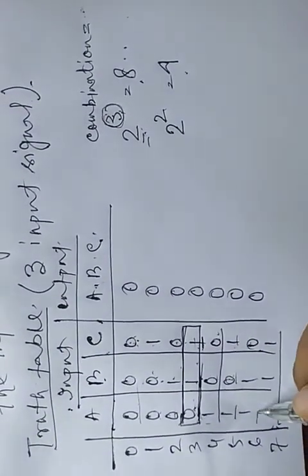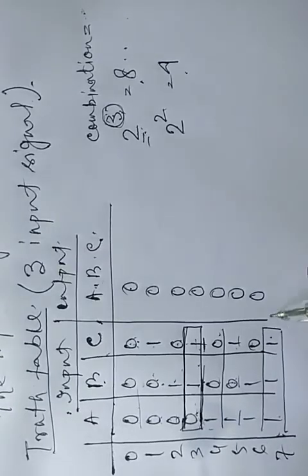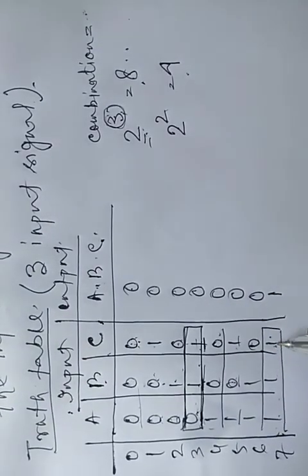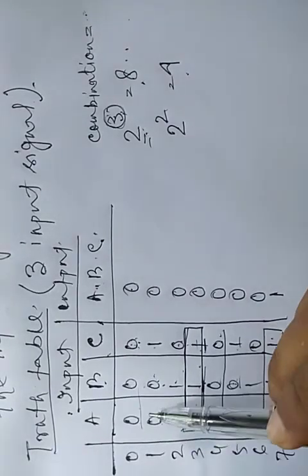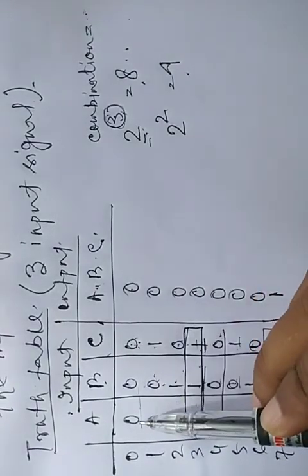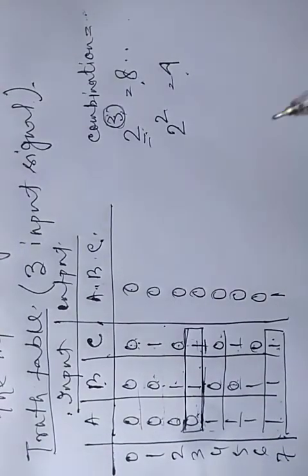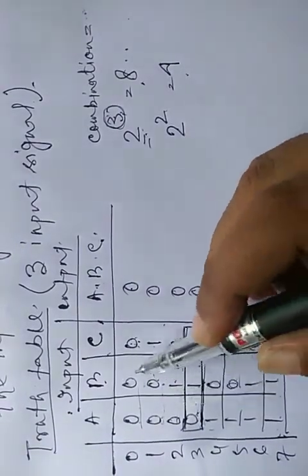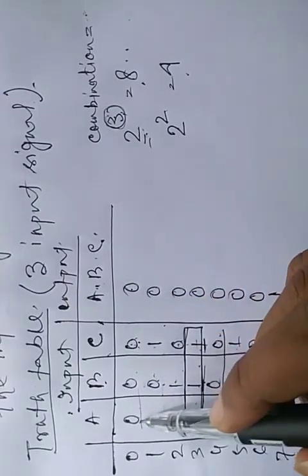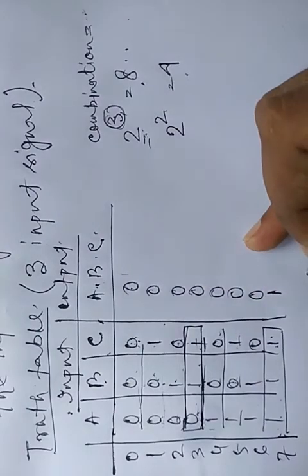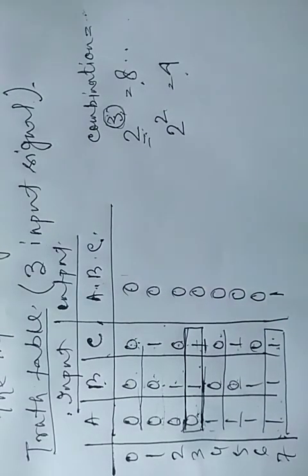In the last row all the 3 are 1, so output is 1. So in the AND system, when all the input values are 1, output is 1. At first you have to write all the numbers in one line. Don't write it in an upward and downward direction. You must write in one direction, otherwise you will not get the proper output value.